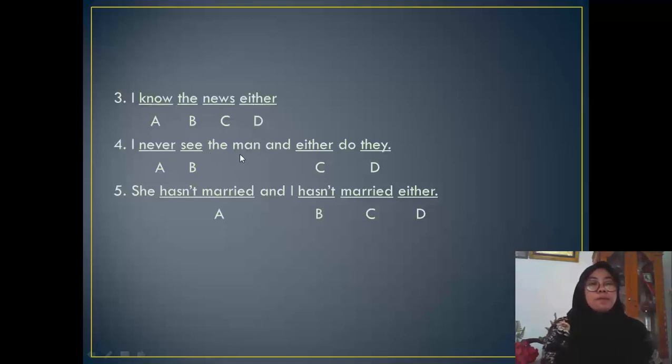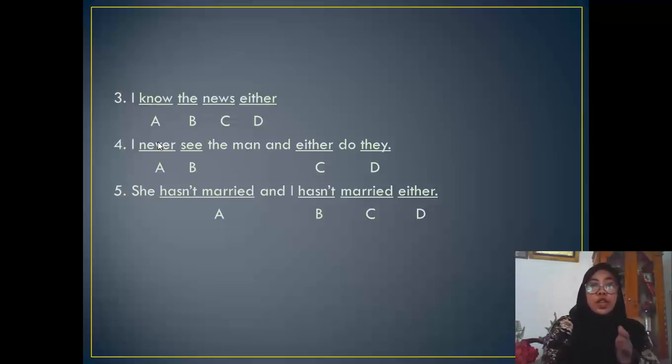How about number 4? "I never see the man, and either do they." Never. If you see the word never, even though there is no "no" or "not" in that sentence, you must pay attention that the sentence is negative.